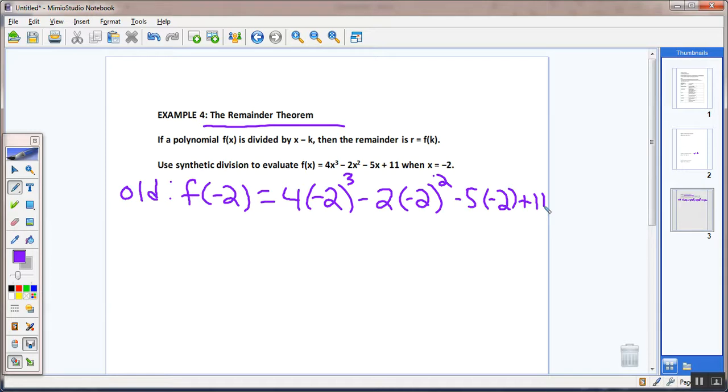What's negative 2 cubed? All good? Thank you, Parson. You're welcome, kids. You guys are the best. Okay? Negative 2 cubed was negative 8.